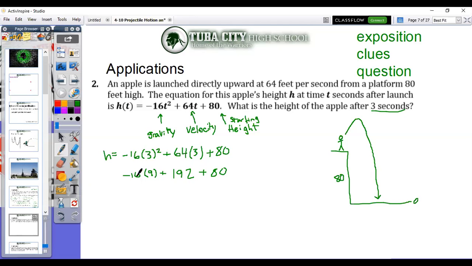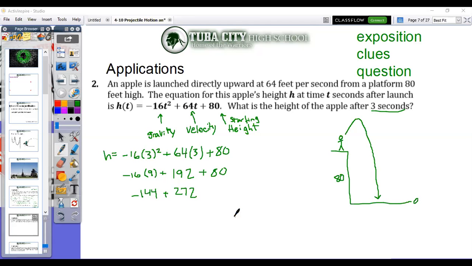So 16 times 9, that's going to be 144. So negative 144. And I'm going to go ahead and add 192 and regular 80, I should say. That'd be plus 272. And I'm going to go ahead and minus 144.